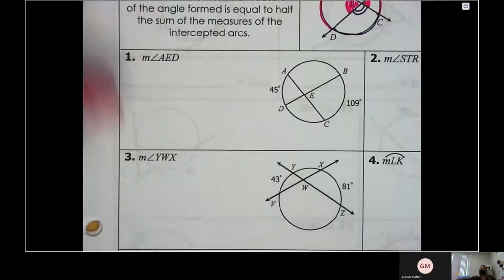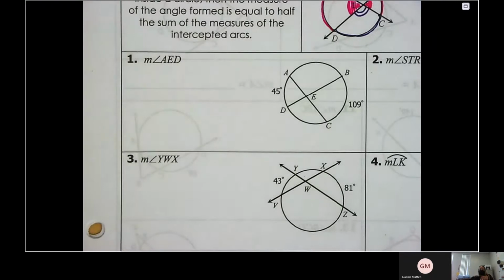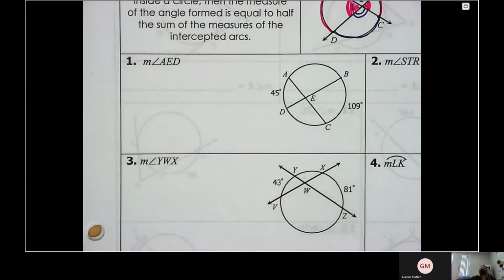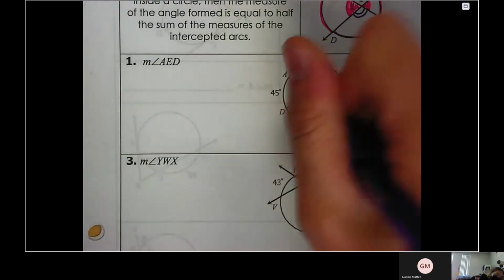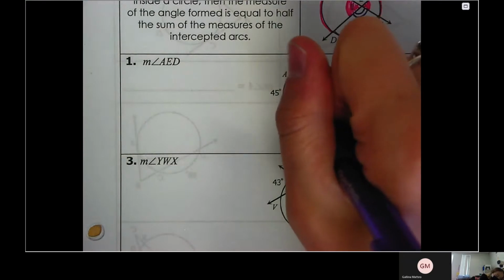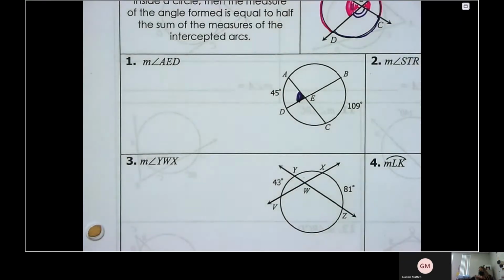Number 1. You're going to find the measure, so that M beforehand means measure, the measure of angle AED. So AED is this angle right here. Okay, to find the measure of that angle, which two arcs am I going to add together? BC and AD. Good.